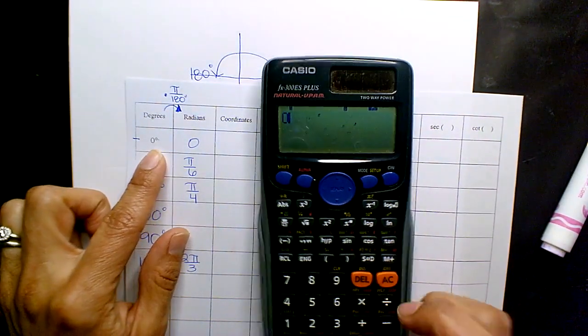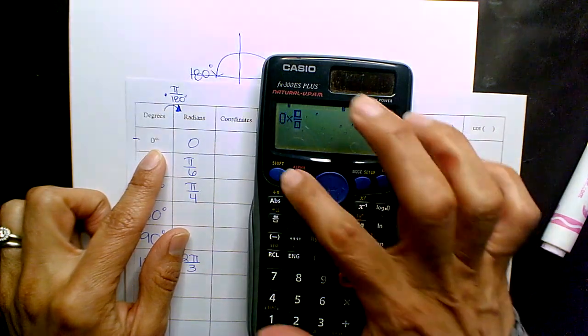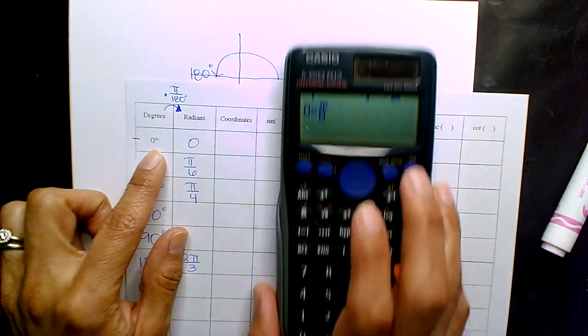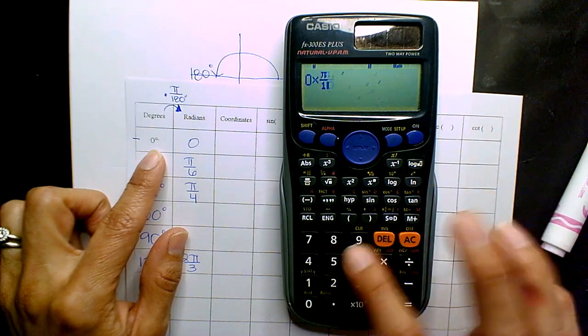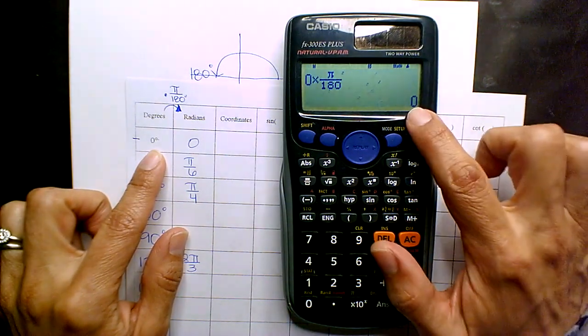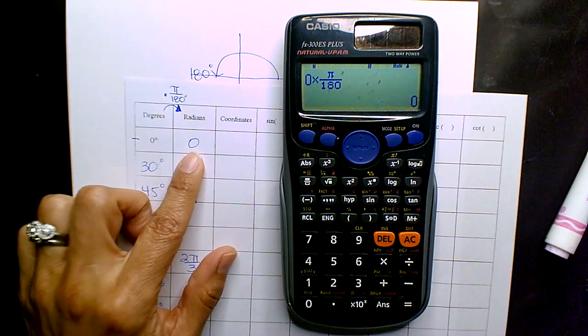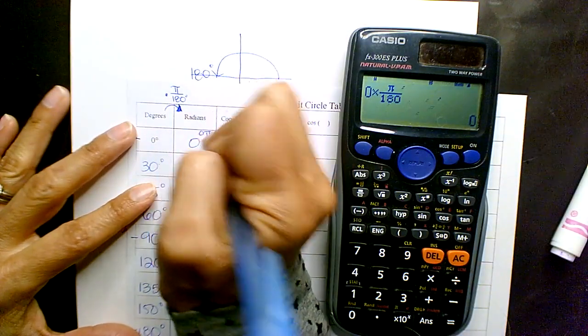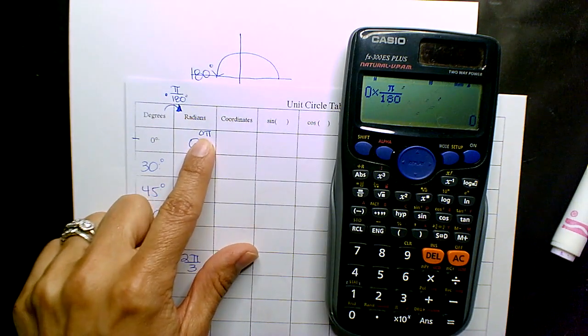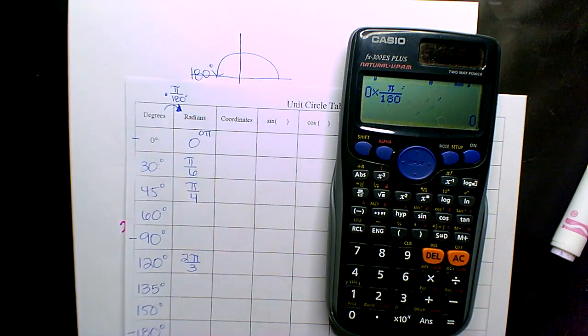So 0 times that fraction, and if you keep it there on the calculator, you get 0. Now, you'll see 0, but some of you might see 0 pi written somewhere. Just know that anything times 0 is 0.